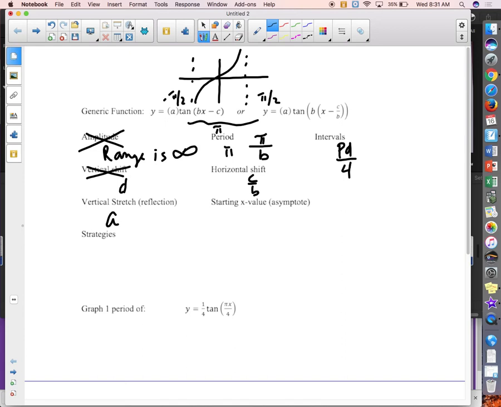For our starting x value asymptote, we'll take our period and we'll cut it in half. Because notice that in between, the middle of the period is going to be a distance of pi over 2 in either direction, which means our asymptotes will be at the endpoints of that length.